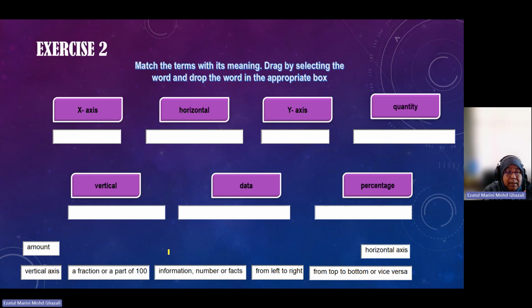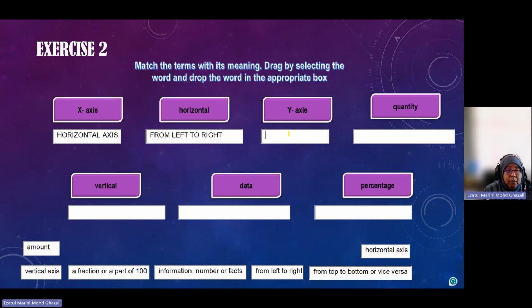What is x-axis? X-axis is normally the horizontal line. Okay, x-axis, horizontal axis. And what is horizontal? Horizontal is from left to right or the other way round.